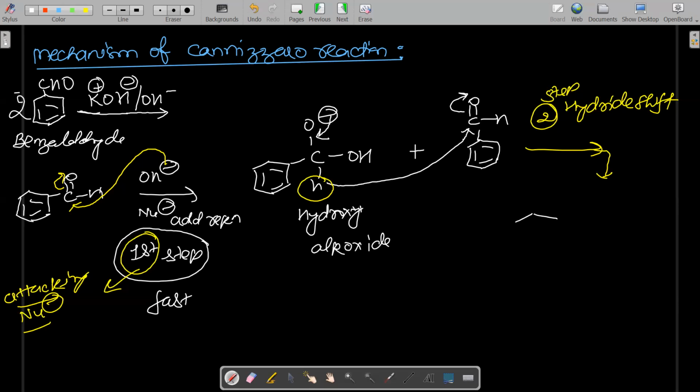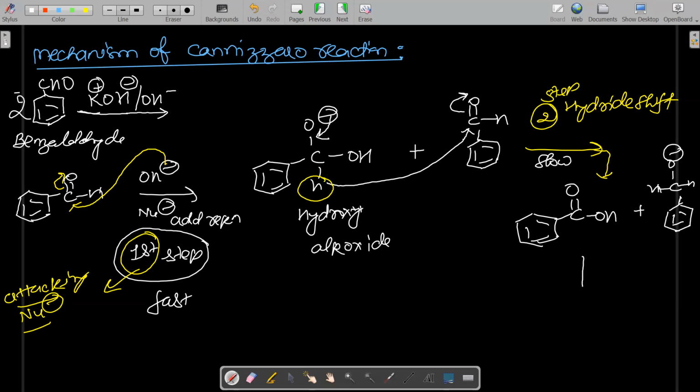You can see, this oxygen containing the double bond and OH is there, so there is formation of acid, and this hydrogen shifts to the second molecule's carbonyl carbon. So we get CO minus H and H. This is the slow step reaction; first is the fast step, second is the slow step.